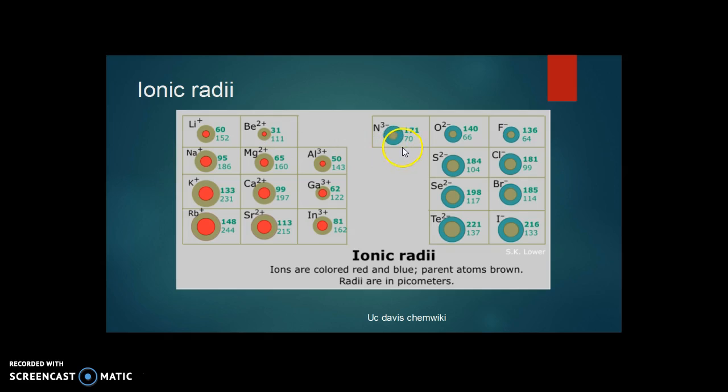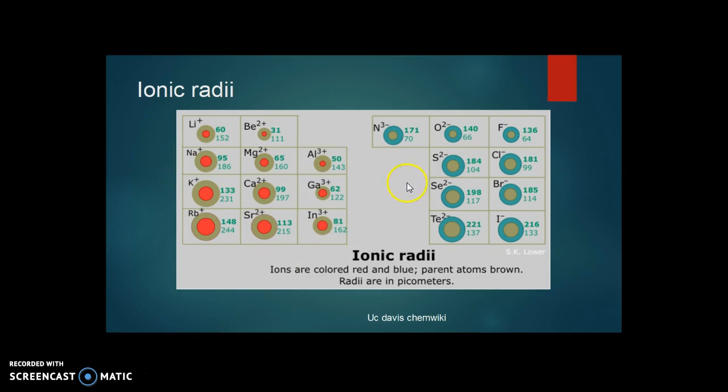On the other hand, when electrons are gained, as when nitrogen, neutral, 0 charge, gains 3 electrons, the ionic radius is much larger than the parent atom. Same thing with oxygen.